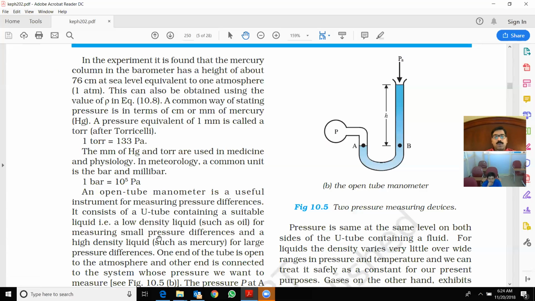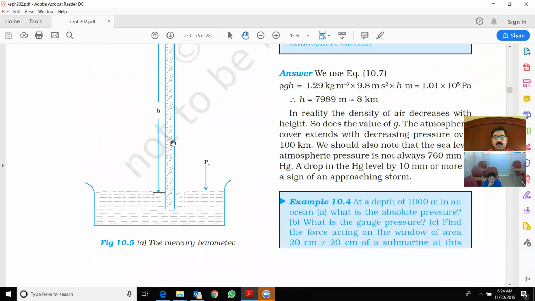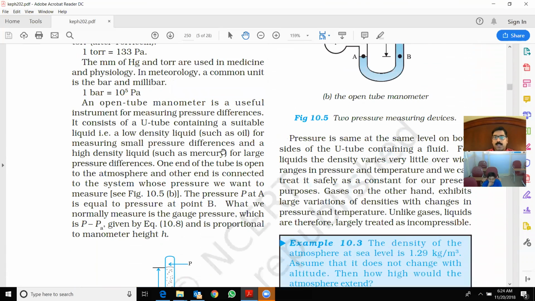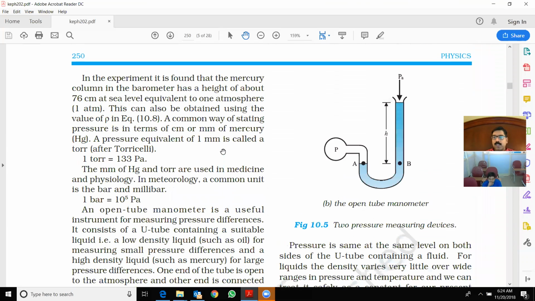So that particular device that you saw, a Mercury Barometer, was created by Torricelli. There is another device to measure pressure, this open tube manometer.